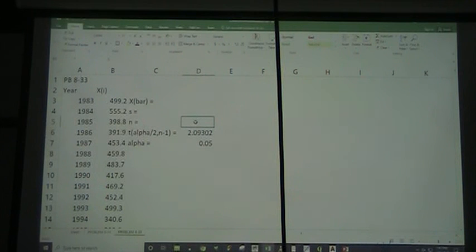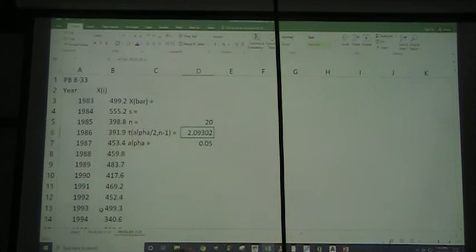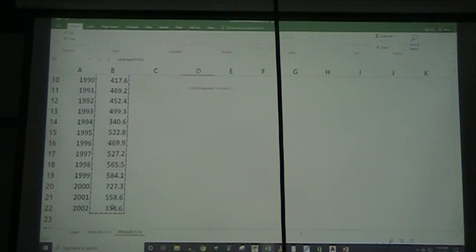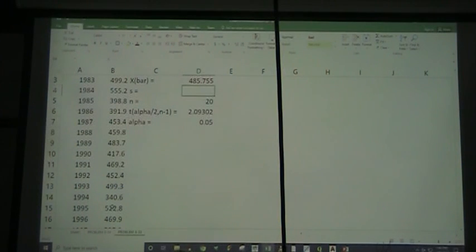All right, so we know, and I could do it the fancy way, equals COUNT, left parenthesis, right parenthesis, equals AVERAGE, highlight my numbers again, right parenthesis, got that, equals STDEV.S, left parenthesis.